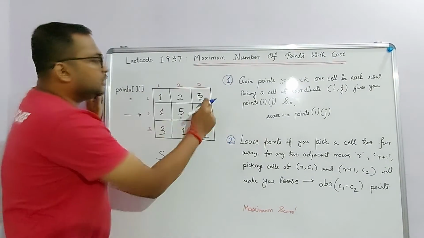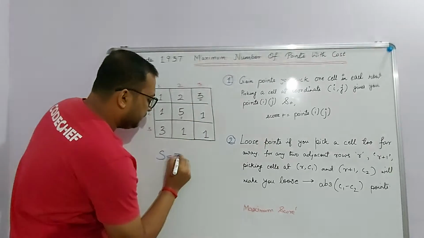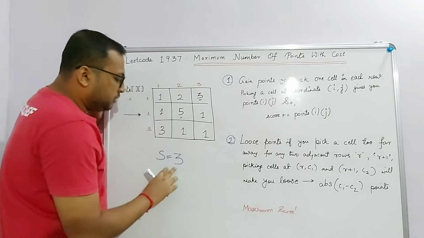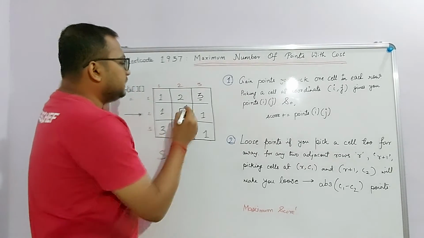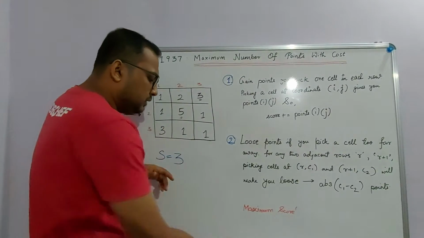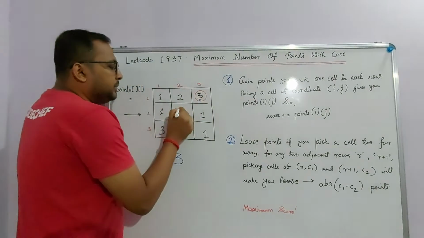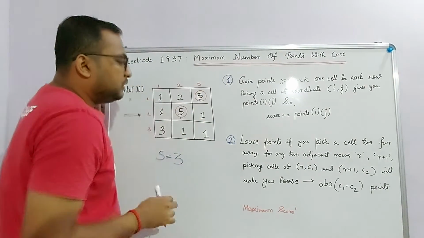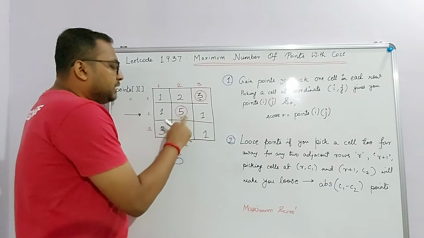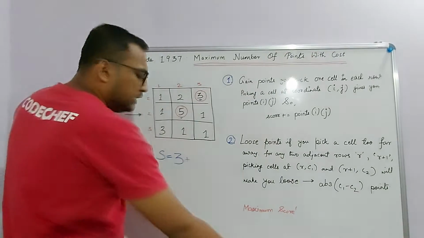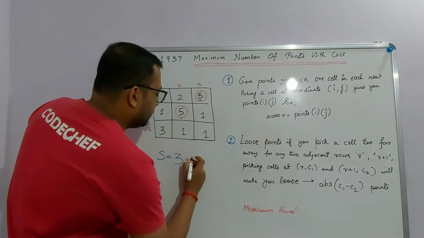So from this particular row I have picked this value 3. The score is nothing but these points added to my score, so it becomes 3. Next, let me change the marker. I've already picked this value 3. Next, let's say I pick this value 5. Because this is the maximum, when I pick this value 5, as I said, whenever I pick something, this value gets added to my score.